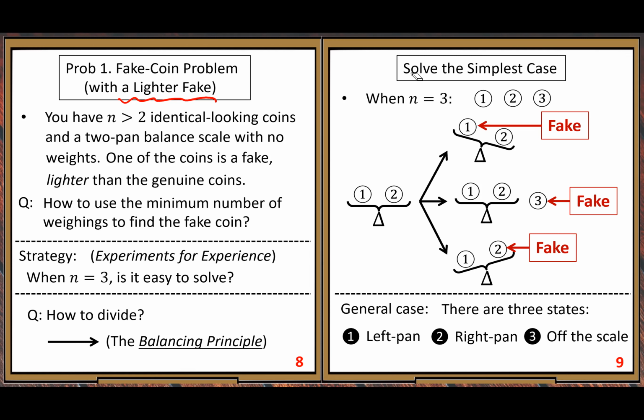Okay? As even as possible. That will be the most efficient way. Balancing principle. Data distribution. Here we distribute our data in a balanced way. Balanced way.